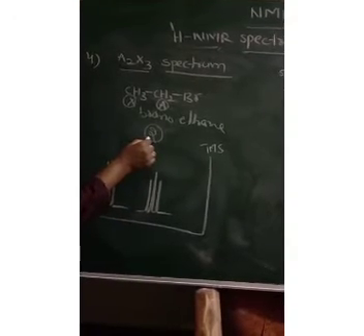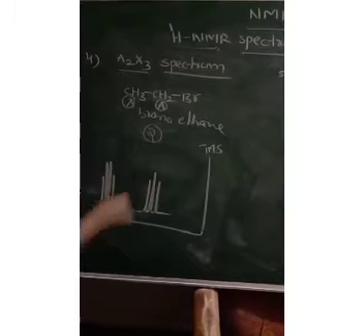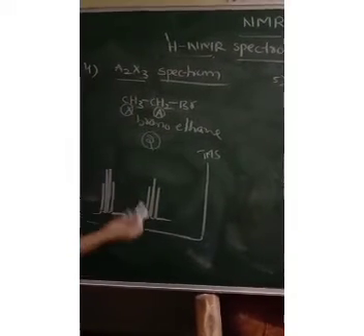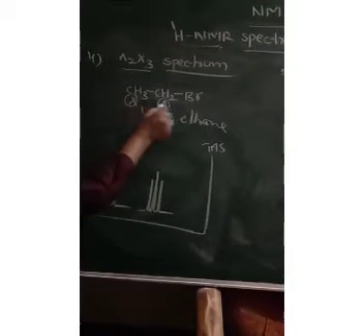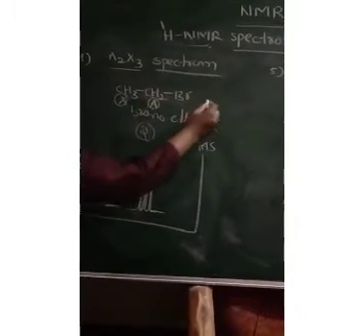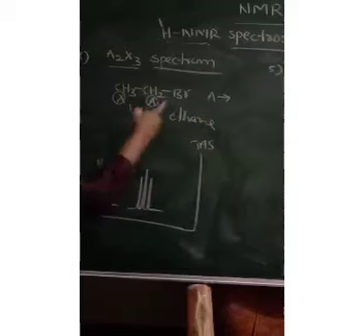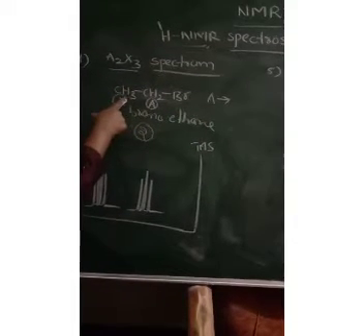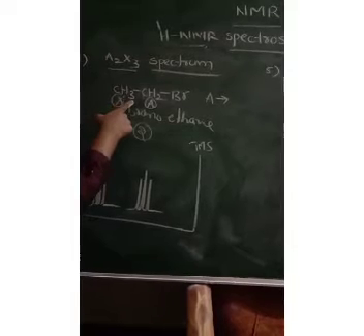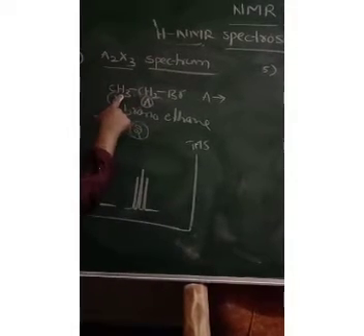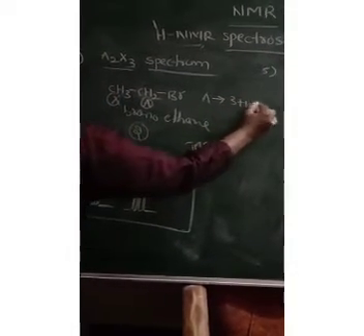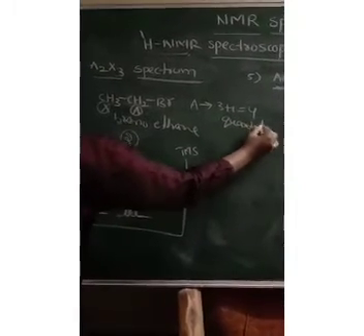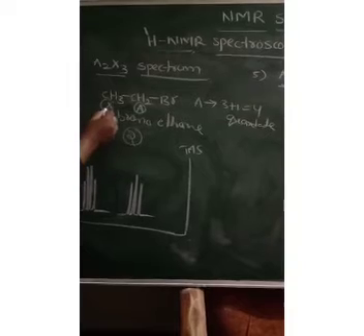The 2 types of protons give 2 signals in the spectrum, and the 2 signals undergo splitting according to the n+1 rule. For the A type of proton, the adjacent protons are 3, so 3 plus 1 equals 4, which means a quartet.